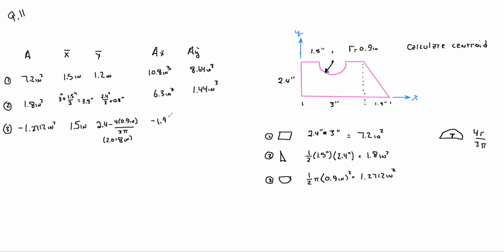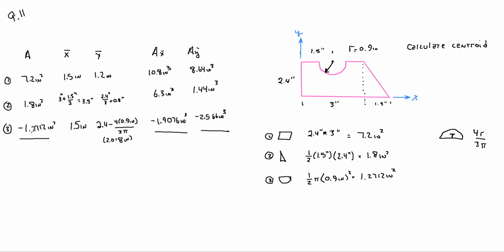I'm certainly not saying that the area is negative as much as I'm saying the approach that we're taking is subtracting that away from the composite shape because it is not there.